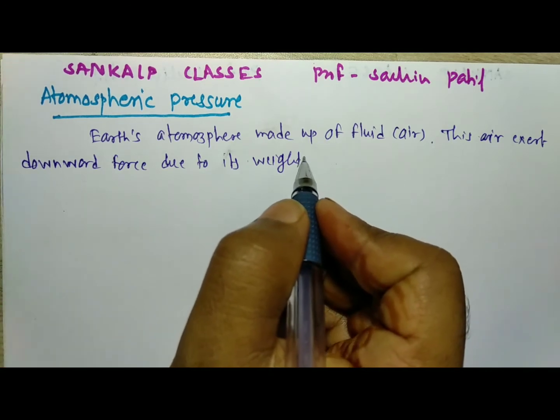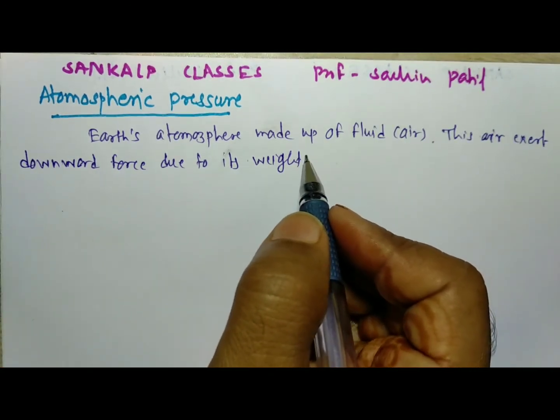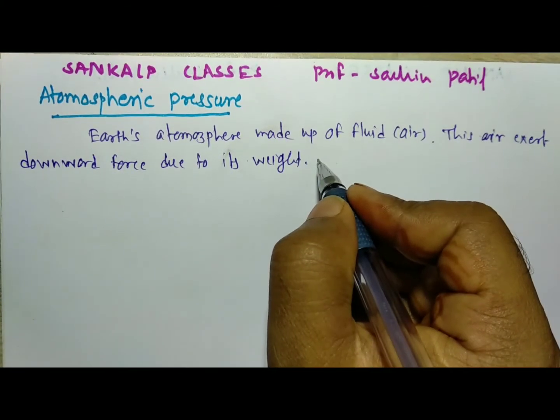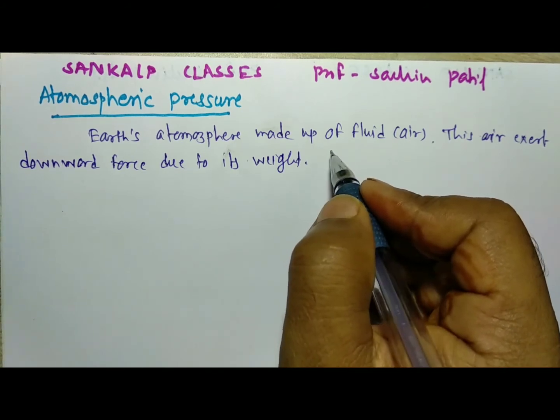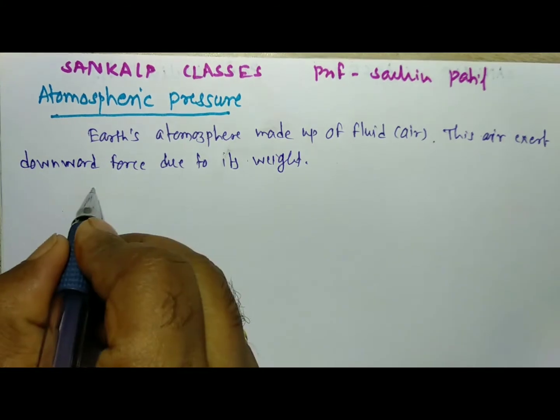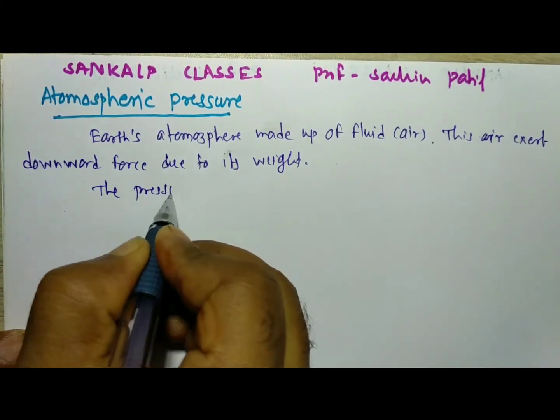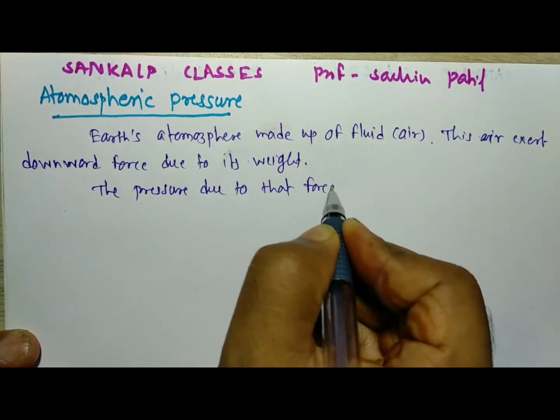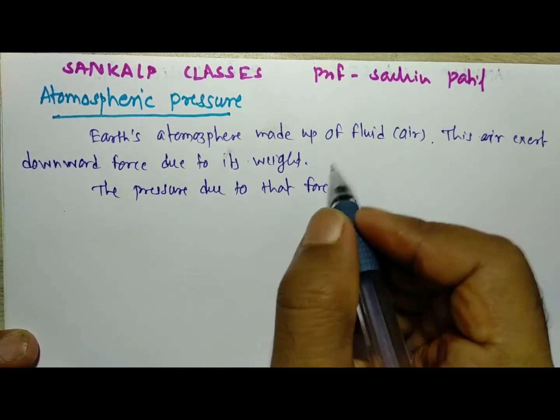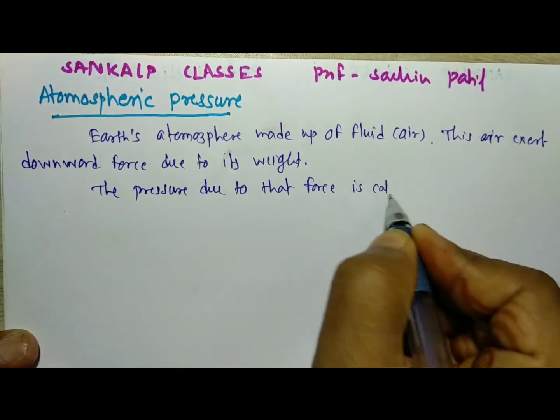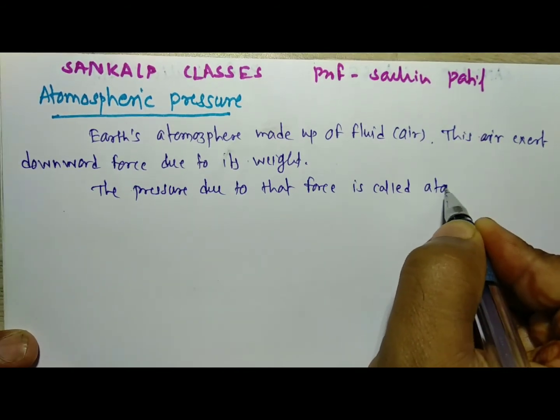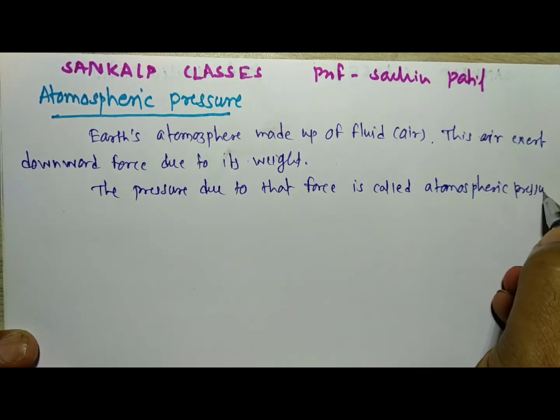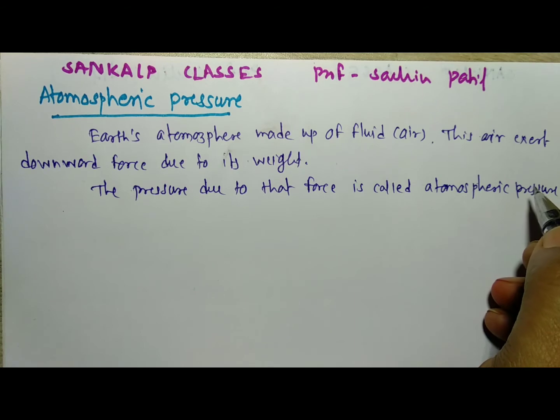That means the weight of that air exerts the force, and the force per unit area, the pressure due to that force exerted by the air in the Earth's atmosphere, is called atmospheric pressure.